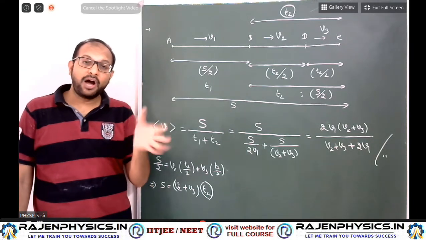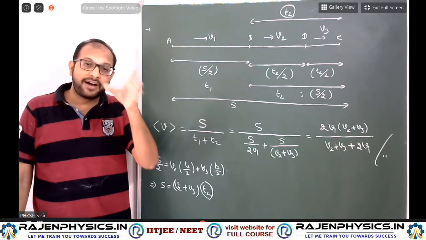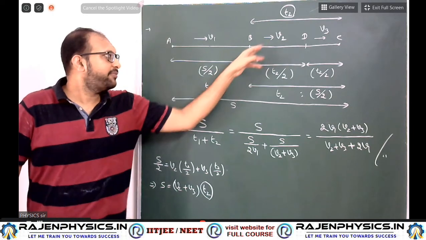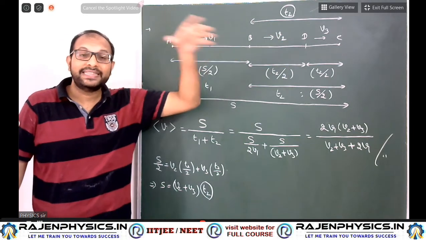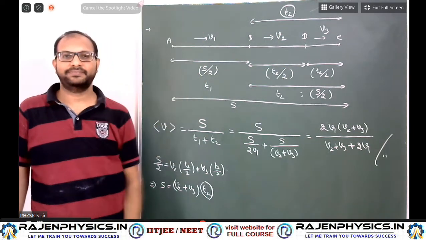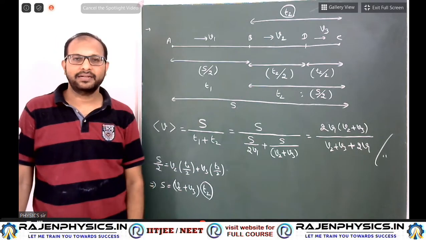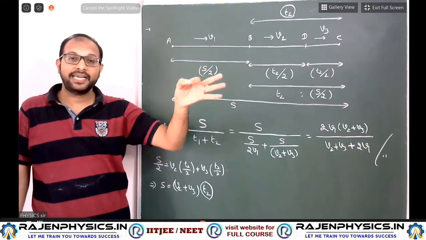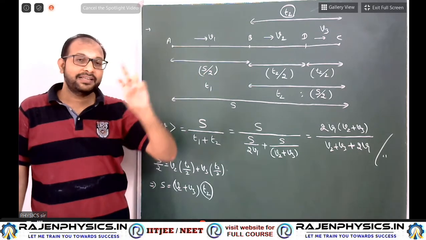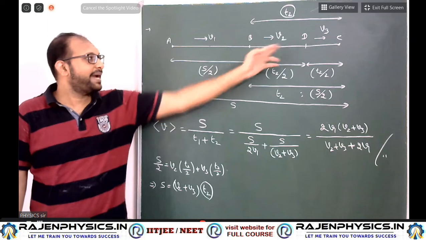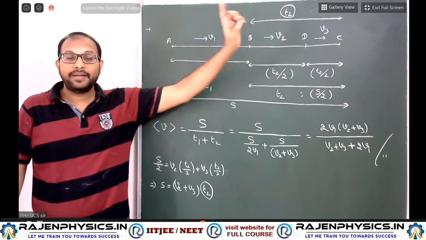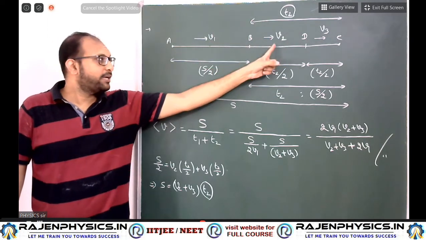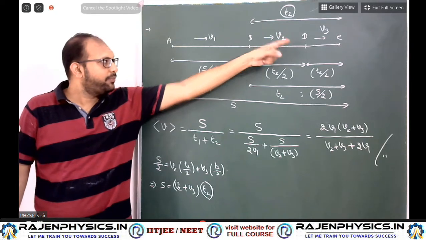V2 is maintained for half of the total time. From here to here the total time is T2, and in that, half of the time is with V2. And the last velocity V3 is maintained for the remaining half of the time, that means T2 by 2.